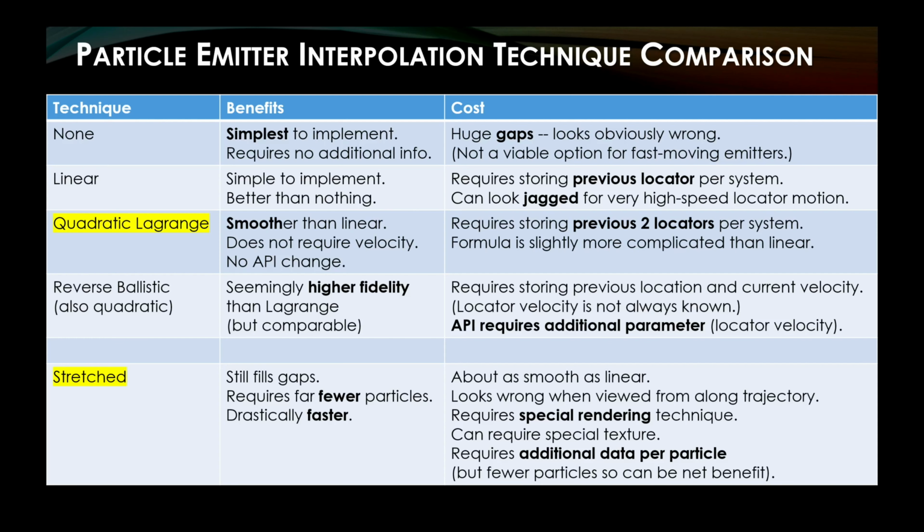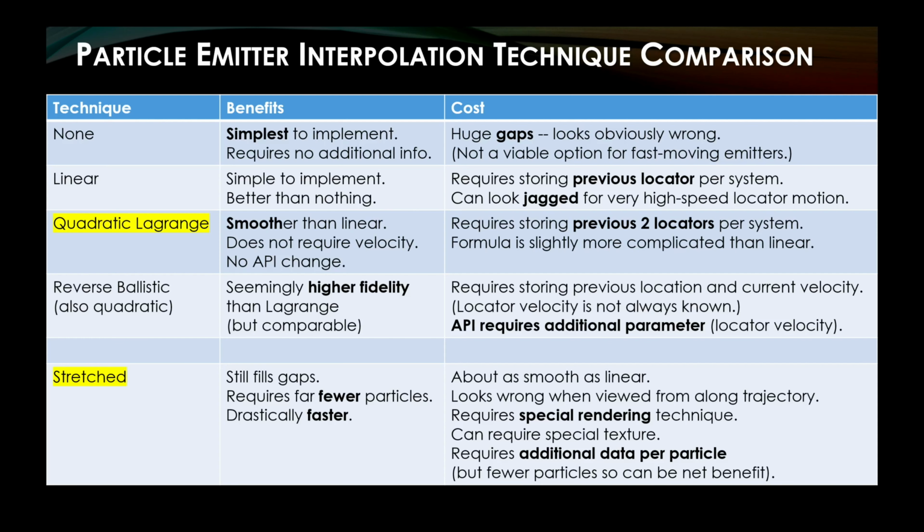In practice, it's probably not that big of a deal, but it turns out that that quadratic Lagrange polynomial is even smoother than linear. It doesn't require any additional information from the API perspective, and it looks smoother, and I felt like it doesn't really cost any more. It doesn't really require a different API, so that's the one that I implemented.